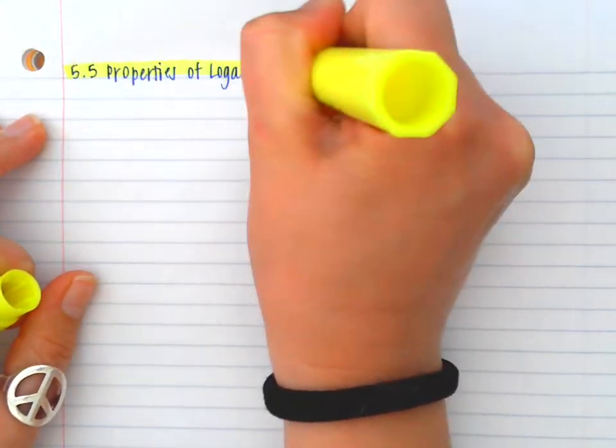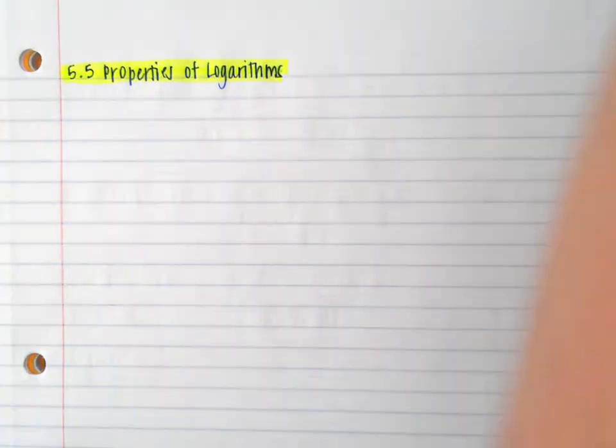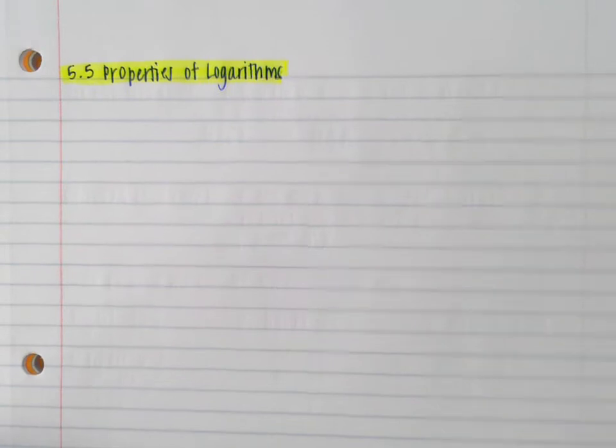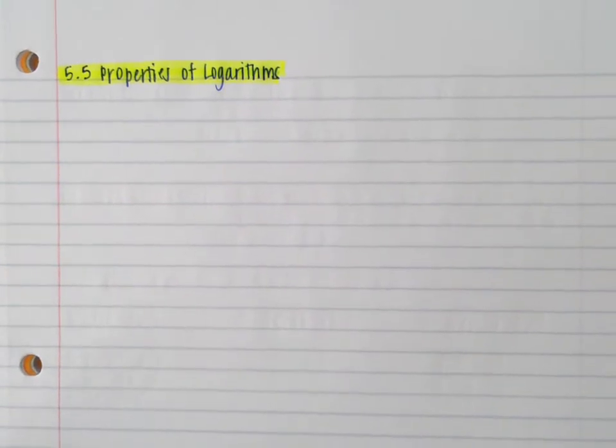If it's already glued into your notes, that's fine. But maybe take a quick look at it, because we're going to be applying those properties throughout our examples. Okay, so one of the first things you're going to be asked to do is to condense the expanded form into a single logarithm, again using our properties.